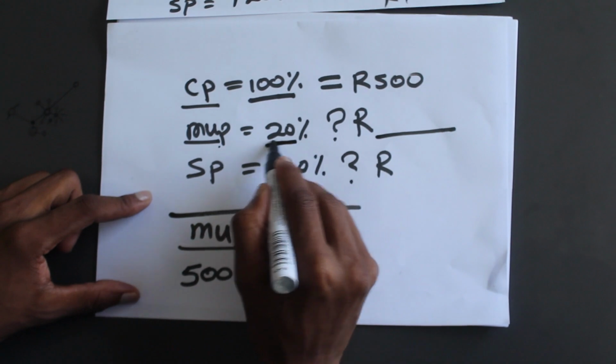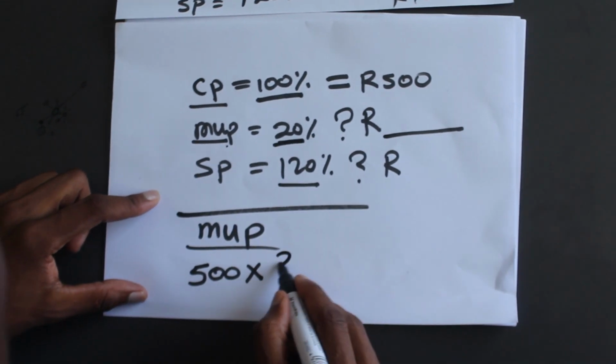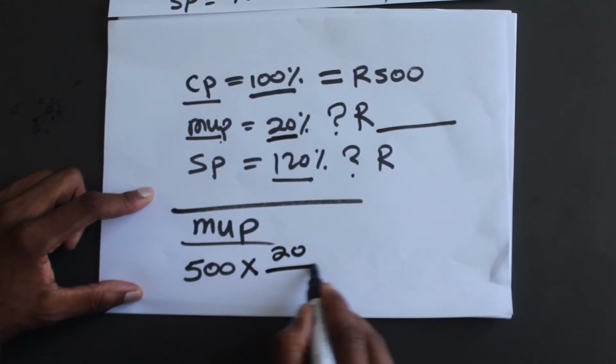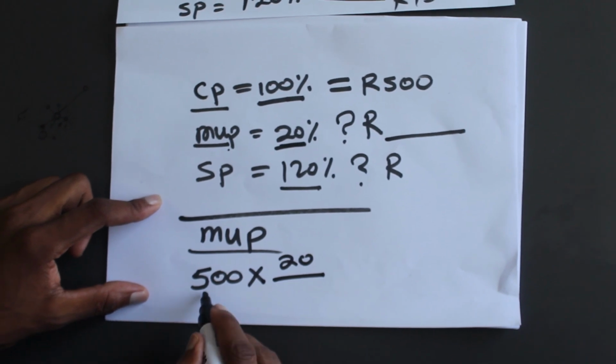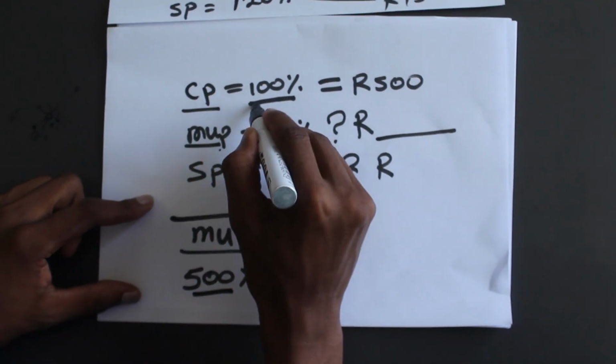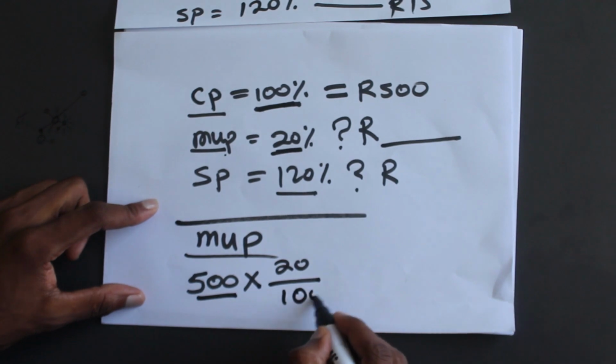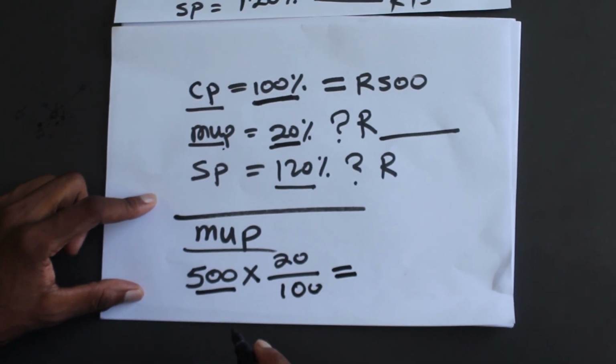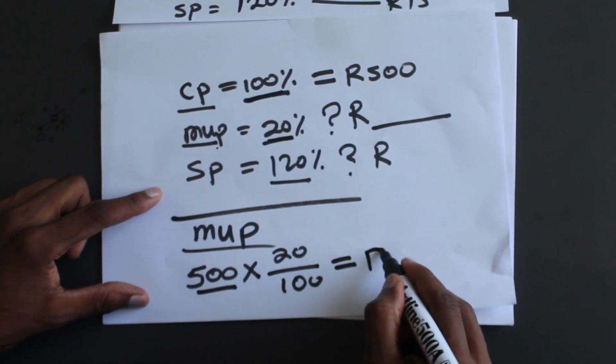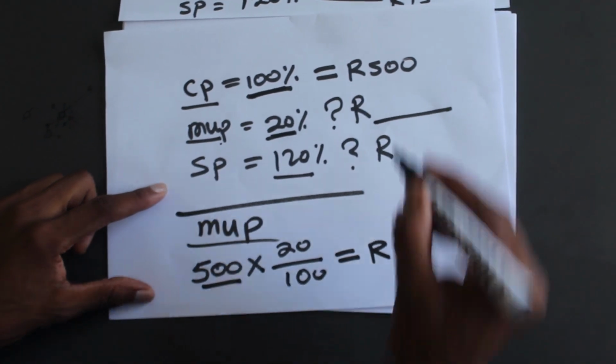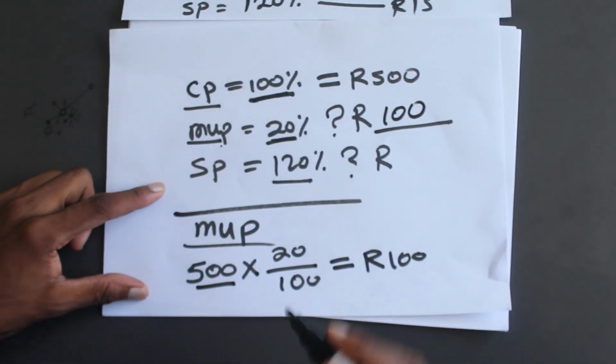You are looking for the rand value of this 20%. So you're going to say multiply by 20, divide by the percentage of this 500, which is 100. Then you will get your markup in rand, which is 100 rand.